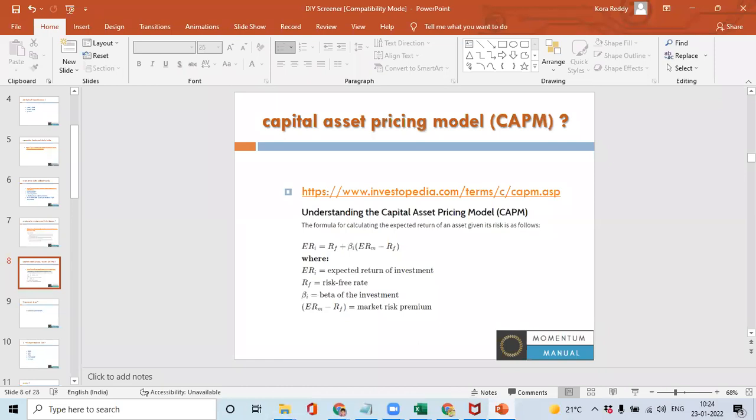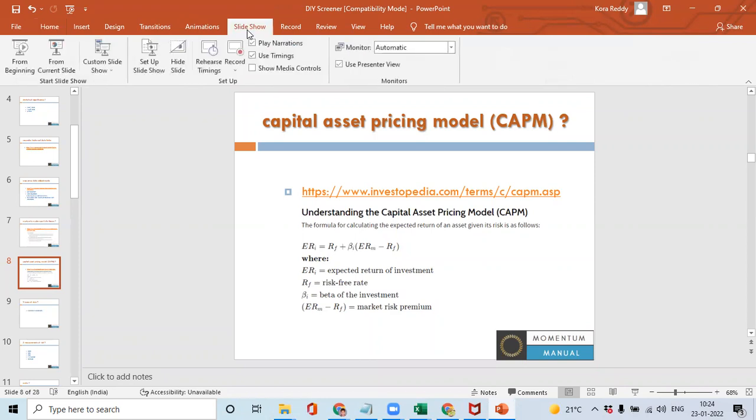Then there is this thing called capital asset pricing model or CAPM. This entire equation is nothing but this one. You can see, right? Or you want me to blow it up?